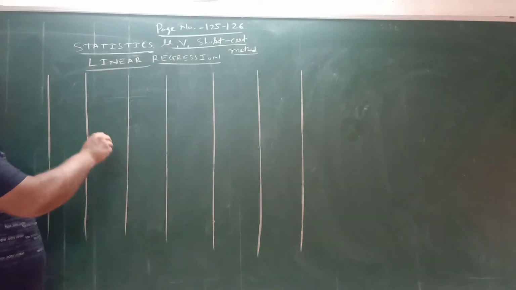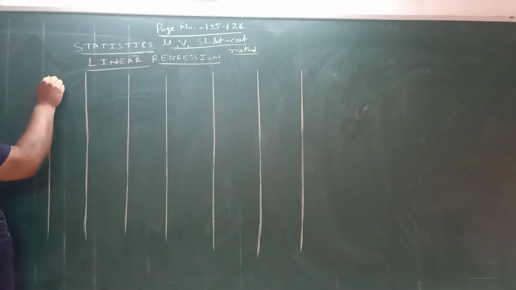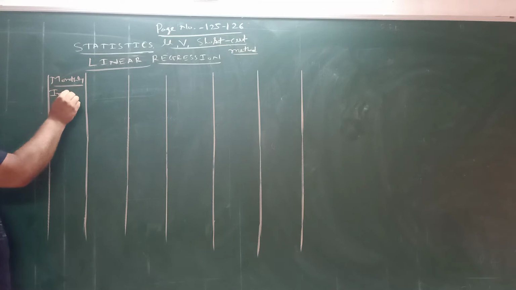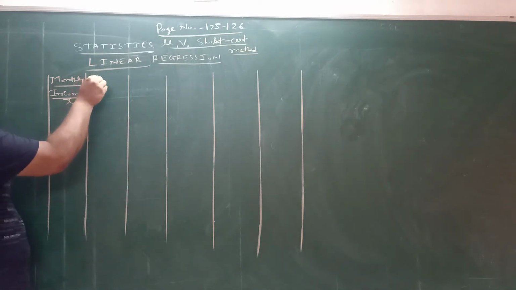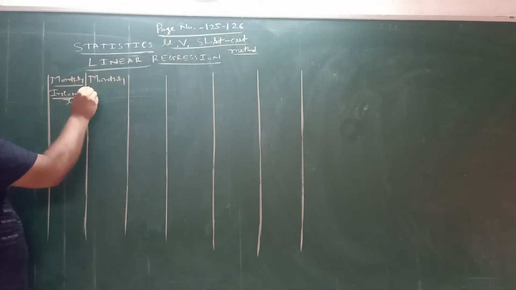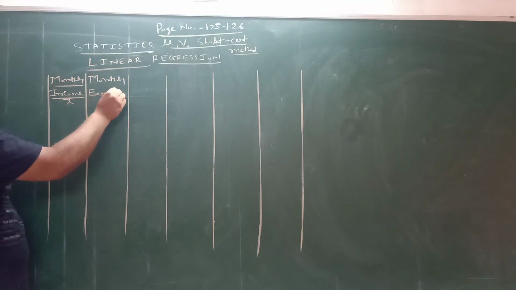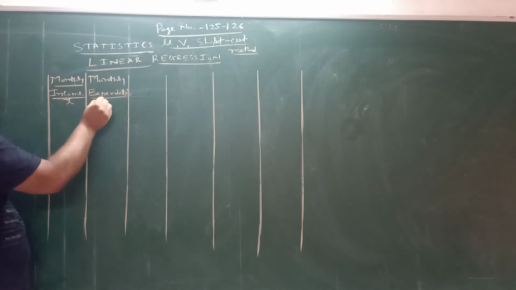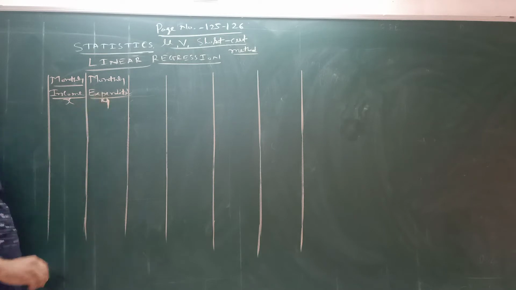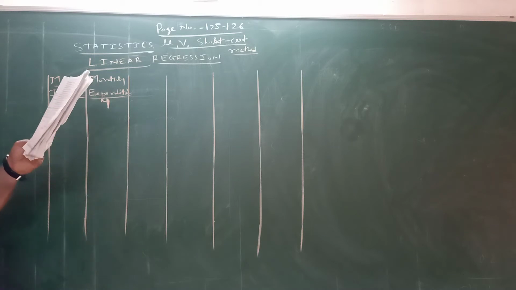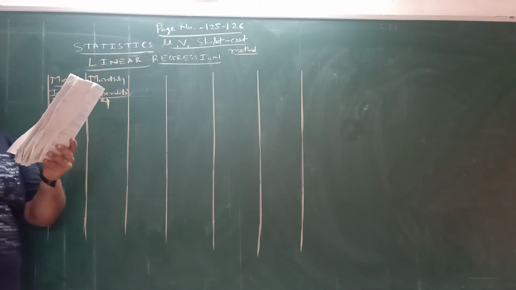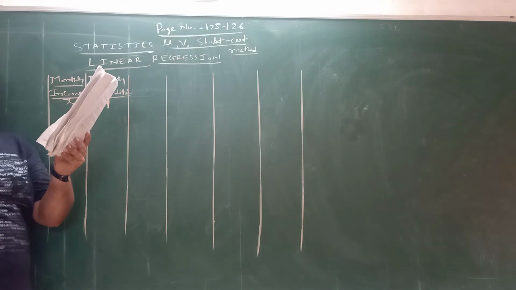Monthly income, I write here, is the first variable, denoted by x, and the other is monthly expenditure, denoted by y. Two different variables are provided. Of people, a sample of 7 persons is taken from that group, and the following information is obtained.